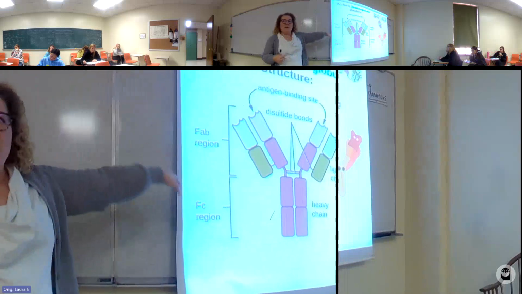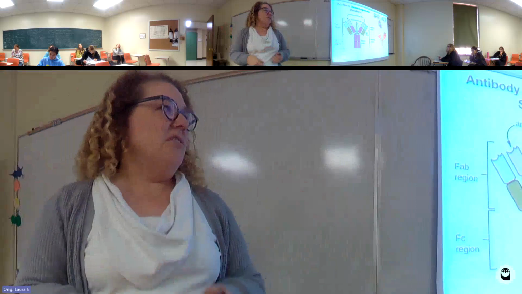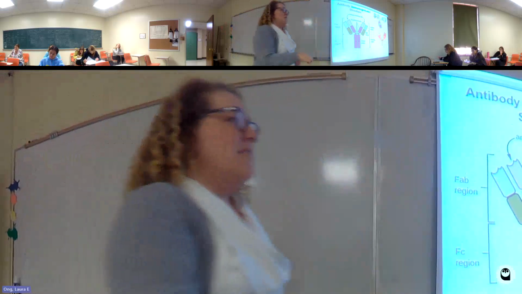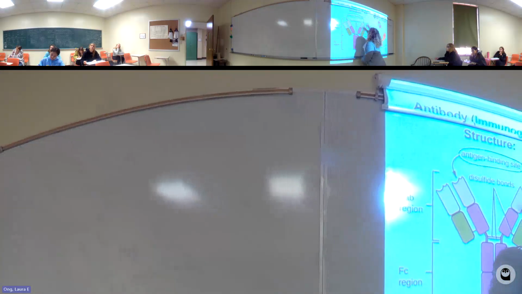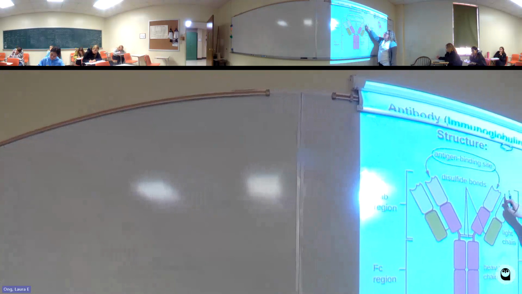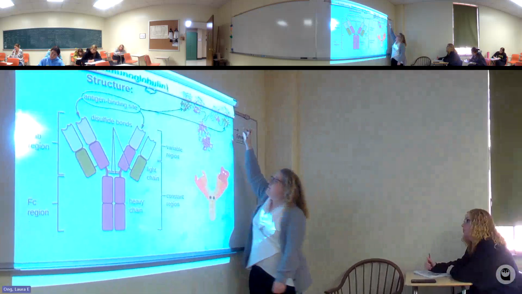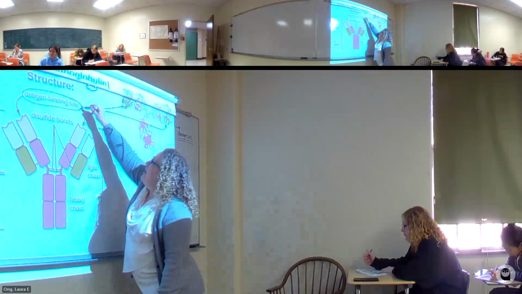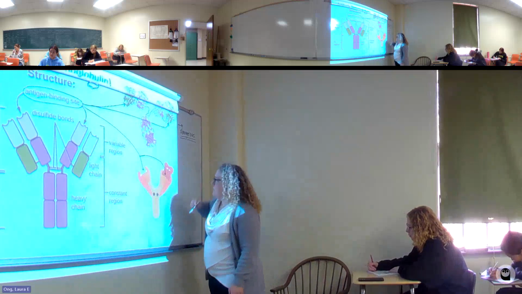The rest of that, don't worry about for this class, what the parts are called, but they generally have a Y shape and they're going to bind onto the antigen. The important part is where does the antibody bind to the dangerous foreign shapes? And that would be on this one, the green parts, and on these parts.